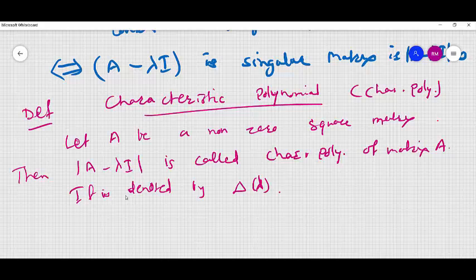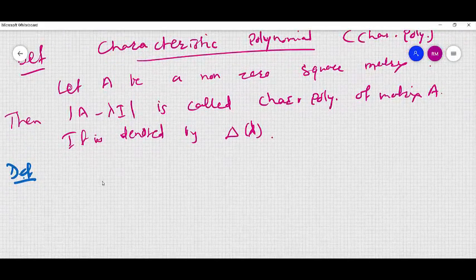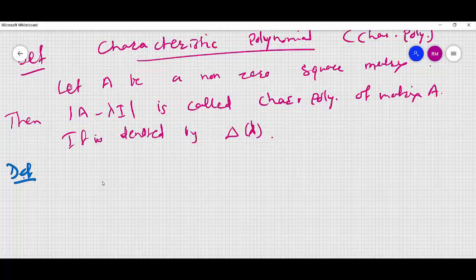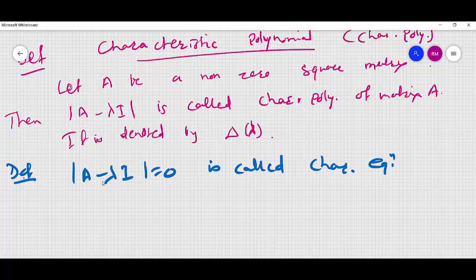Next concept is the characteristic equation. Determinant of A minus lambda I equal to 0 is called the characteristic equation of A. In an exam, a question may be asked to find the characteristic equation or characteristic polynomial, and that is useful to find the eigenvalues and eigenvectors.